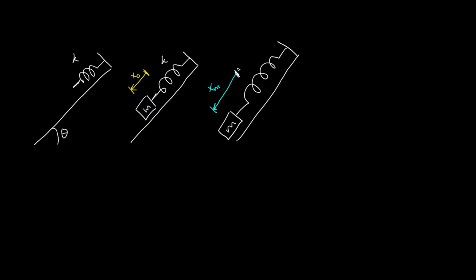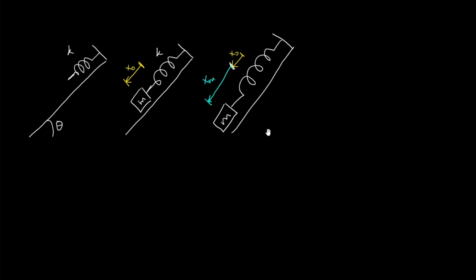So first we put the box on there, and it went down a little bit. Then we pull it down xm, and we release it. So that box flies this way because it's pulled on by the spring, and it's set into simple harmonic motion with the spring.